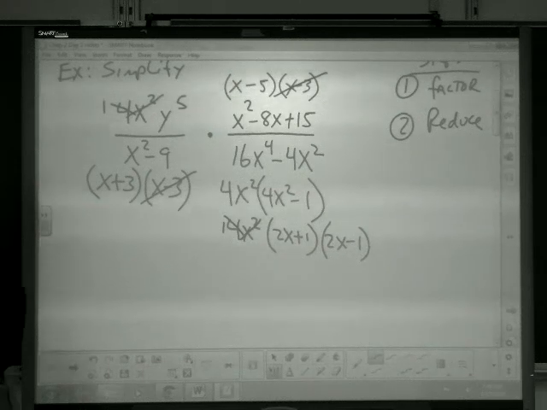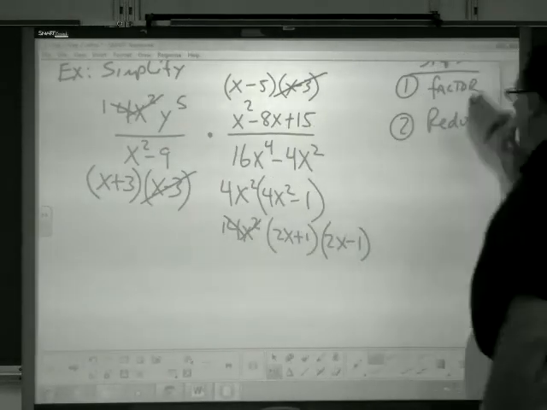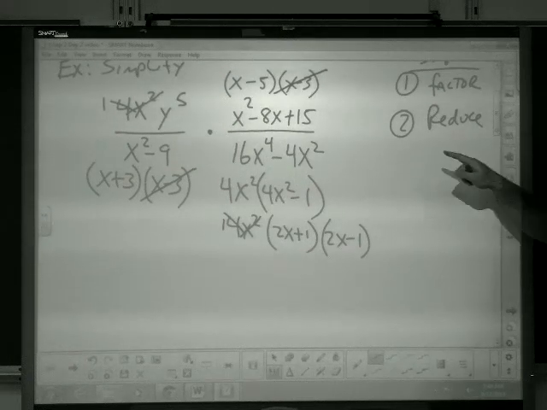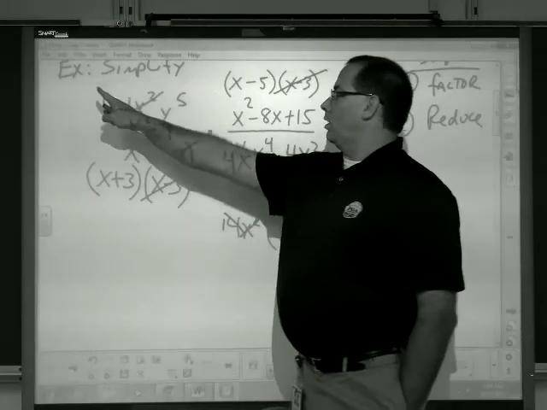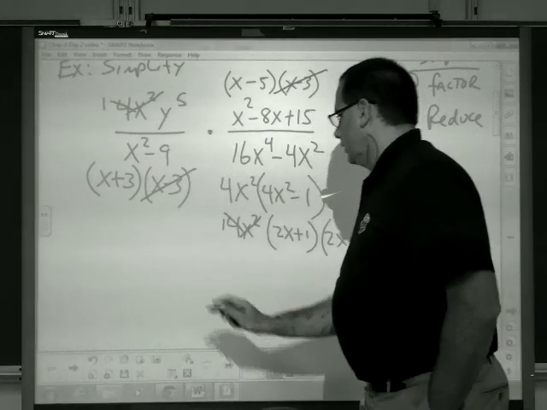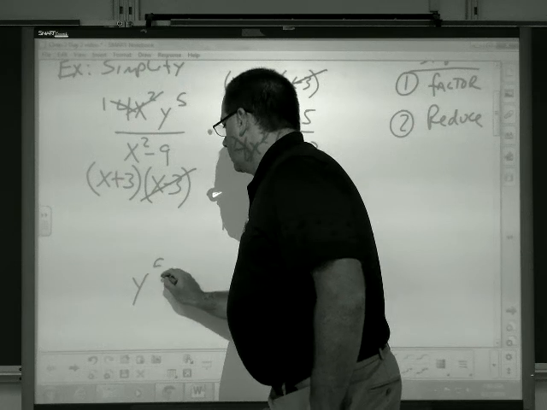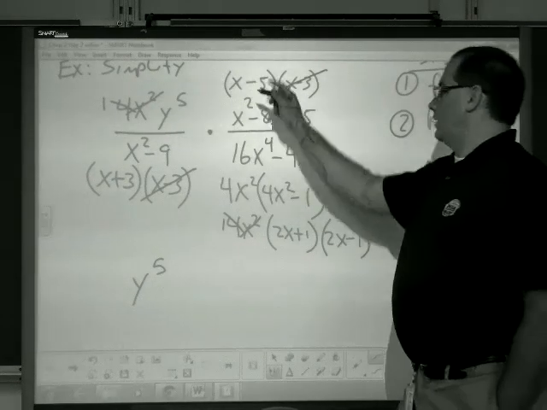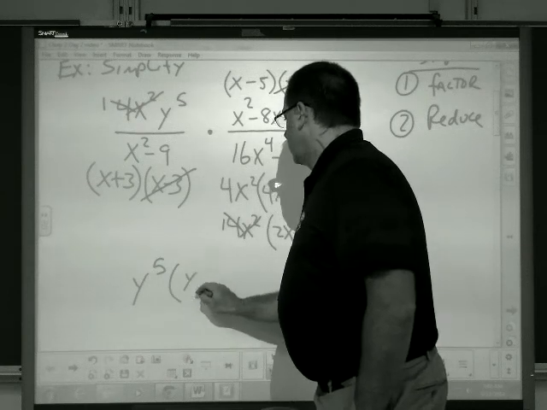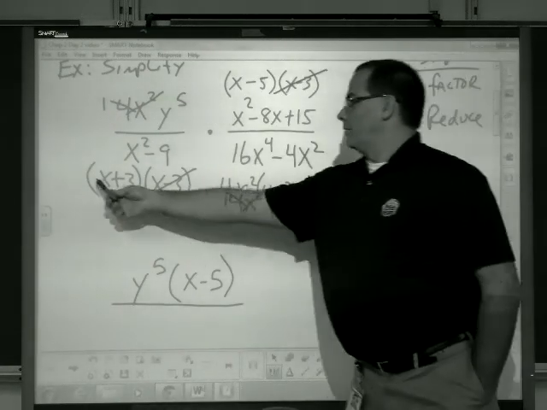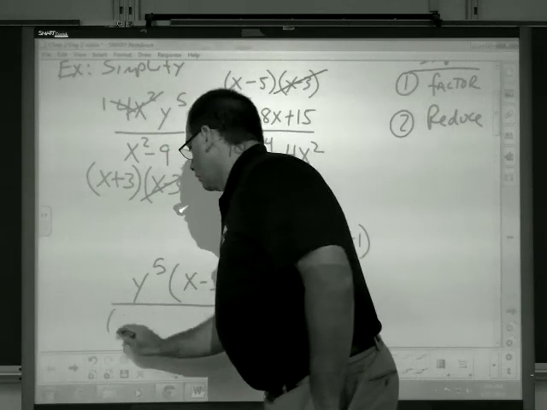So what do I have left on top? You're going to factor, you're going to reduce, and then whatever you have left, you just write as your answer. So it looks like I have a 1 y to the 5th and a 1 y to the 5th, I'll just write as y to the 5th. And then I multiply straight across here: x minus 5 over, I have an x plus 3 still left over.